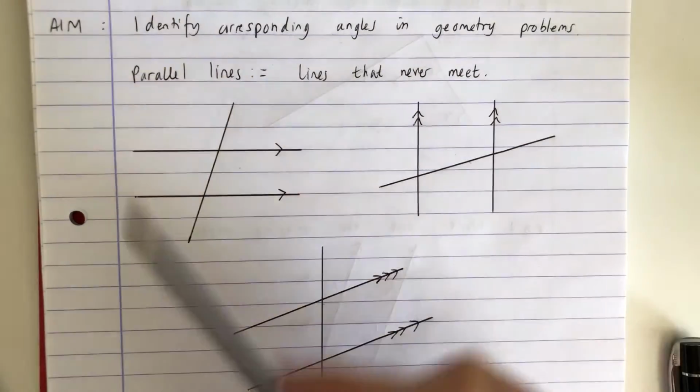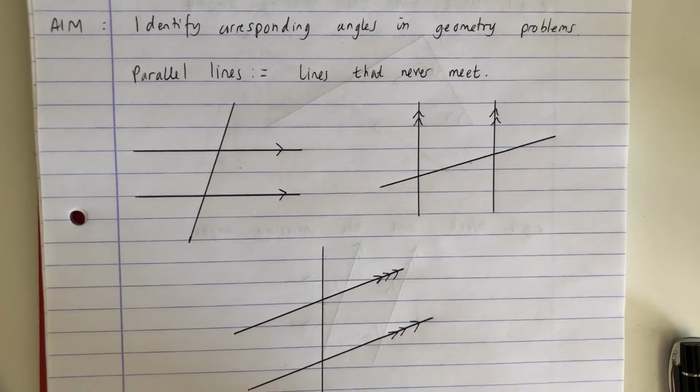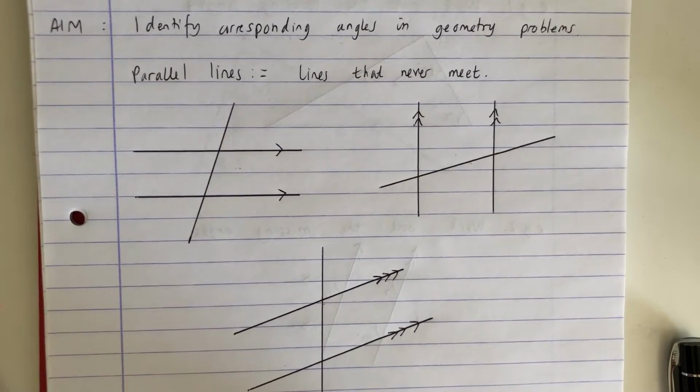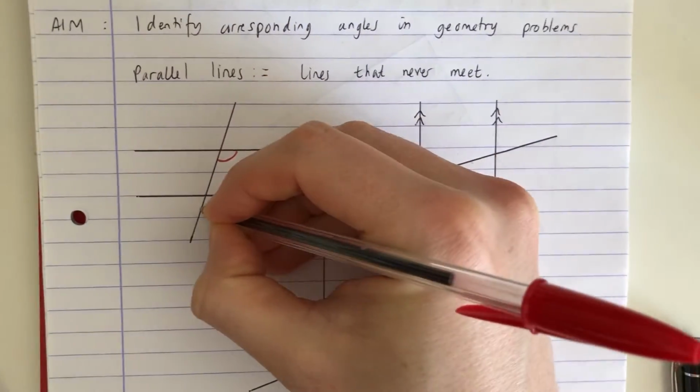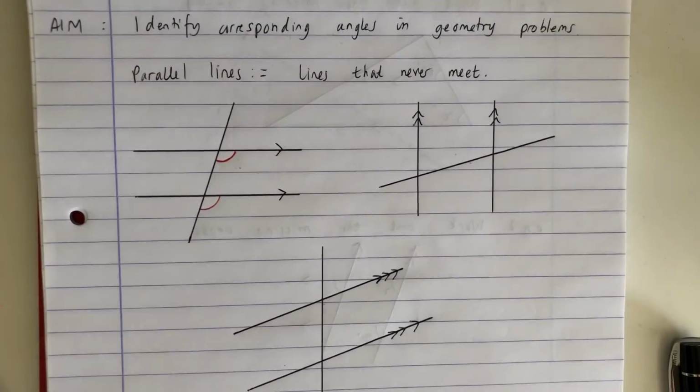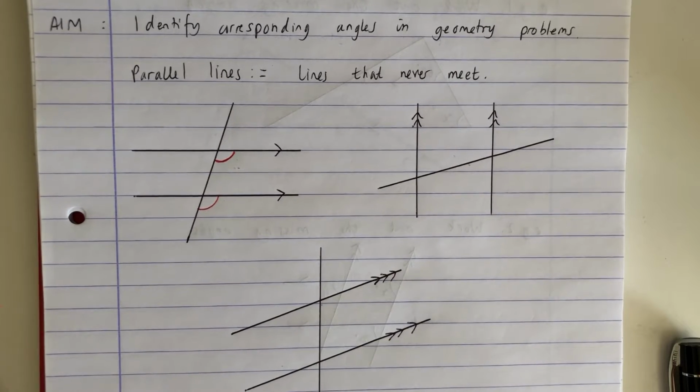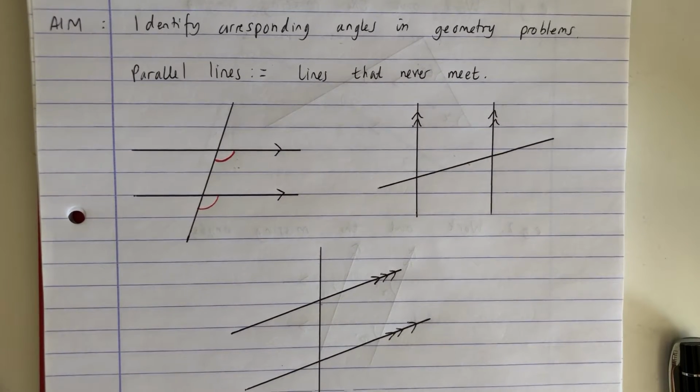But if you drew a copy of these diagrams in your book, what you could do is measure, for example, these two angles using a protractor. If you measure those with a protractor, I guarantee they'll be equal to each other.